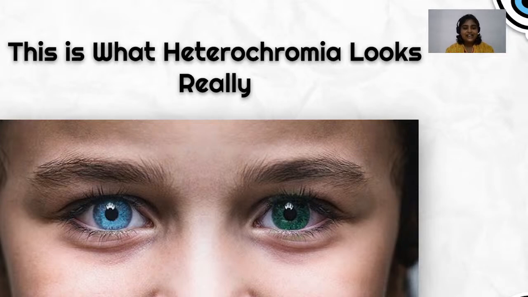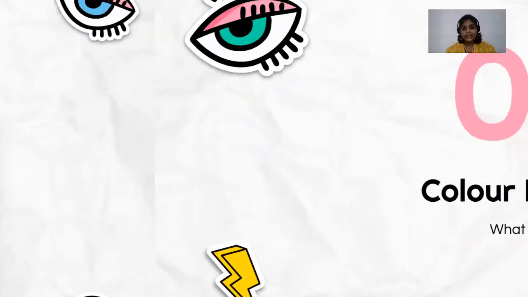That is similar to this image, where one eyeball is bluish and the other is green. This is what is called heterochromia.